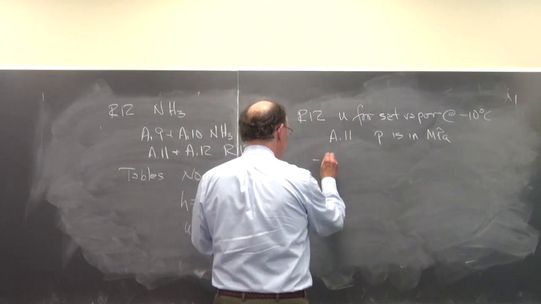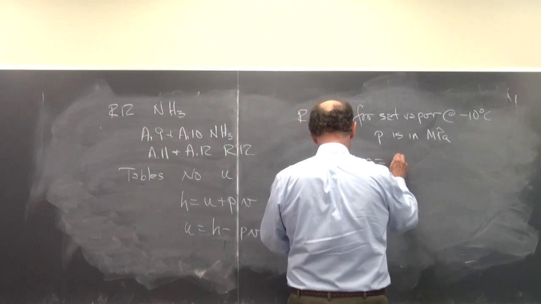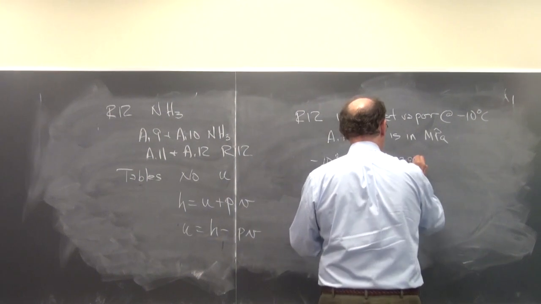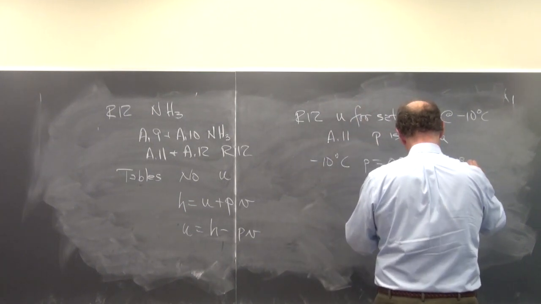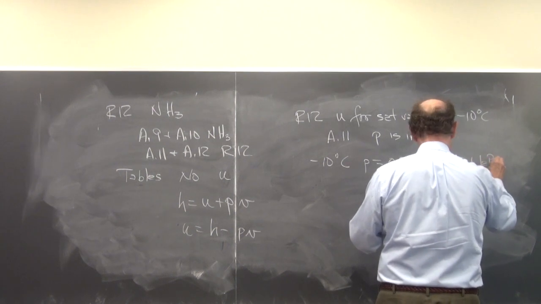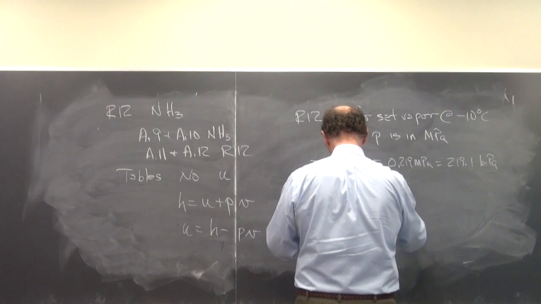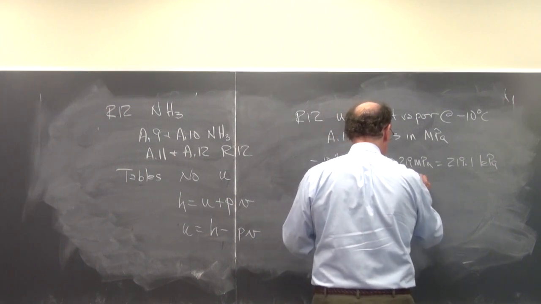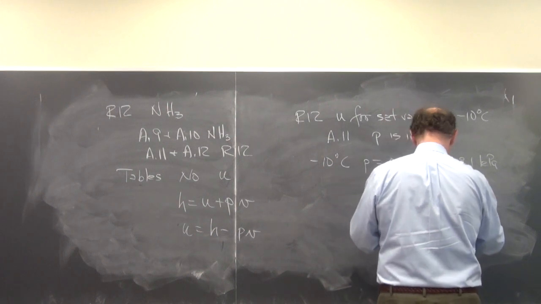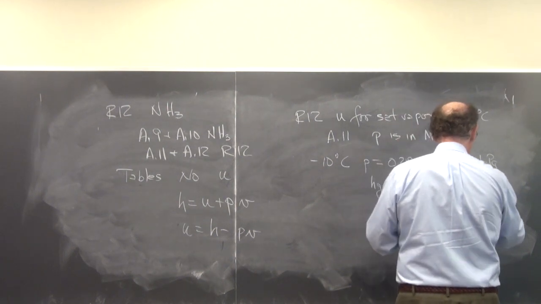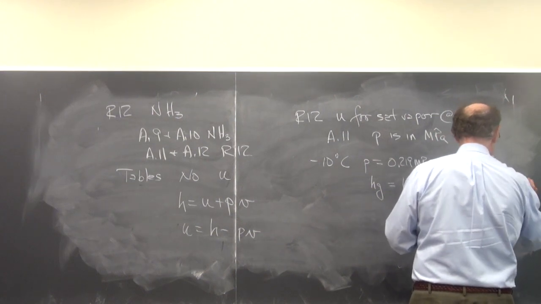At minus 10 degrees C, we have P equal to 0.219 MPa, which is equal to 219.1 kPa. We have H sub G equal to 183.058, and V sub G equal to 0.076646.